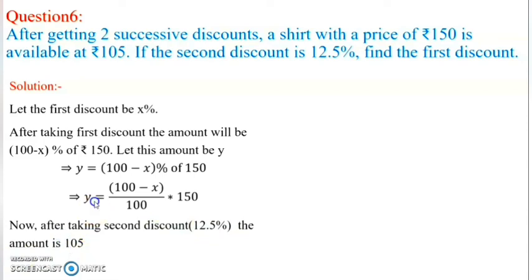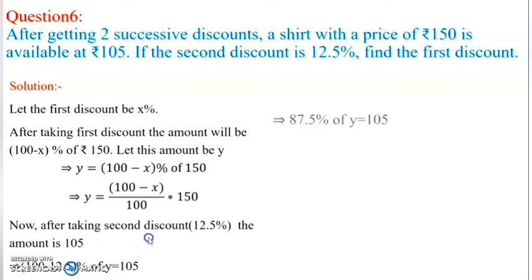That is the final amount given, and it is given to be 105. So this will give you (100 minus 12.5)% of Y. Just note here that this is the discount after the first discount, so this will be (100 minus 12.5)% of Y and not of 150.